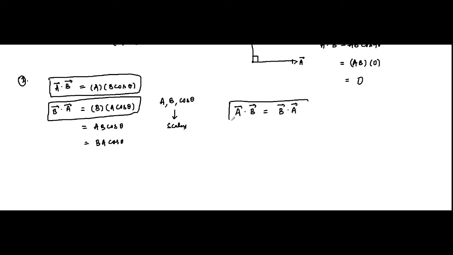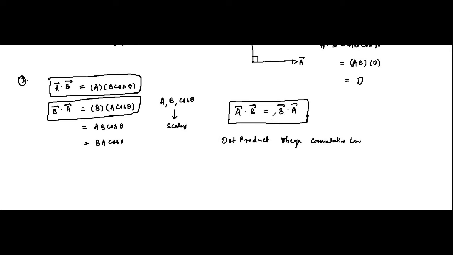or we can say that the dot product or scalar product obeys commutative law. So the order in which we multiply, we try to find out the dot product, it does not affect the final result.